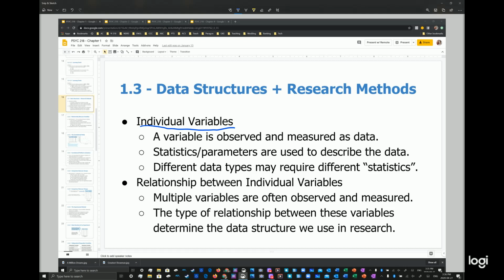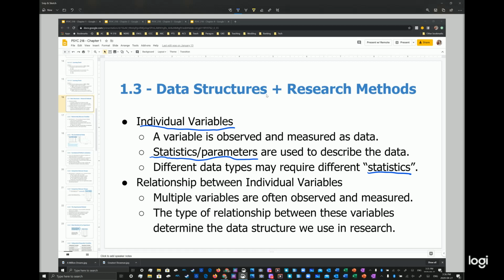And so, depending on whether we grab it from the population or sample for statistics and population for parameters, we use different data types that may require different statistics, and statistics here being different statistical procedures. And so one of the things that we have to take into consideration when we look at these variables is that, hey, what's the relationship between the variables that we're observing and measuring?